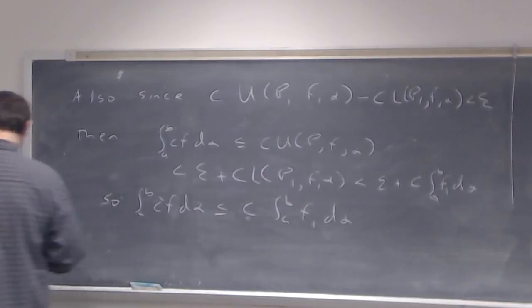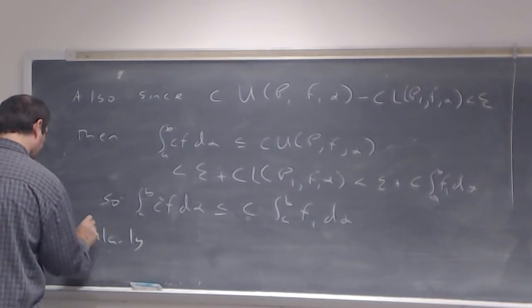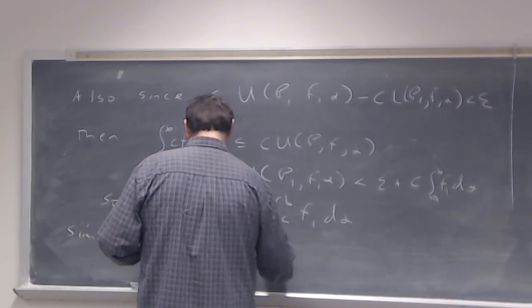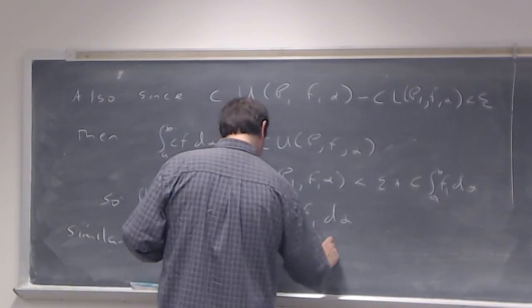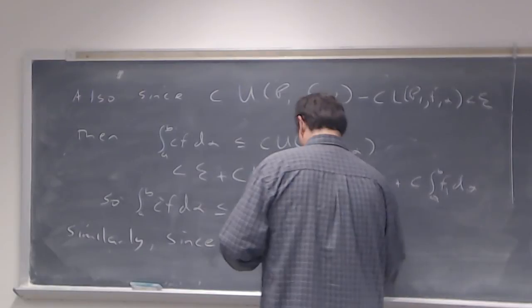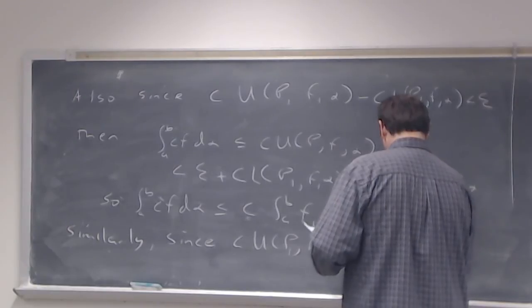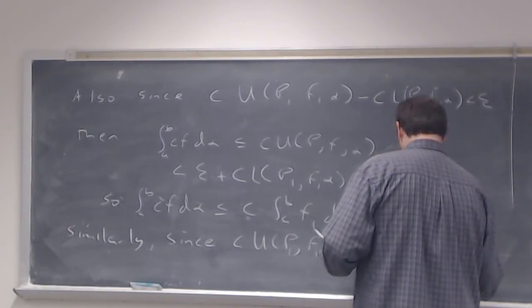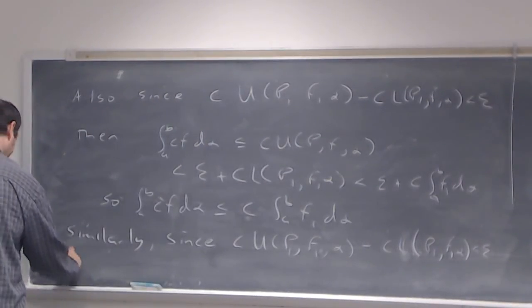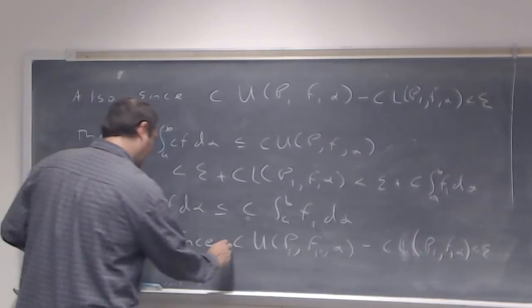Similarly, since c times the upper sum of p, f sub 1, alpha minus c times the lower sum p sub 1, f sub 1, and alpha is less than epsilon. Then, okay, we have here, this is a c.